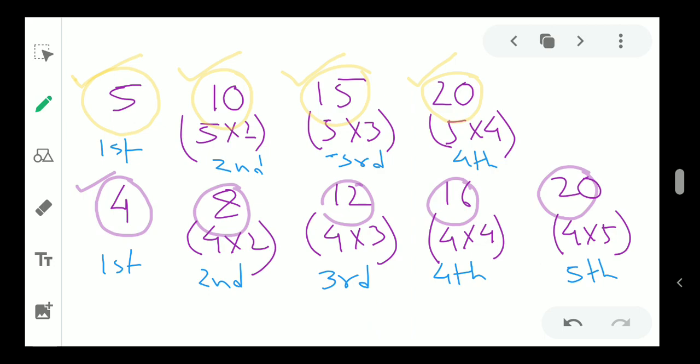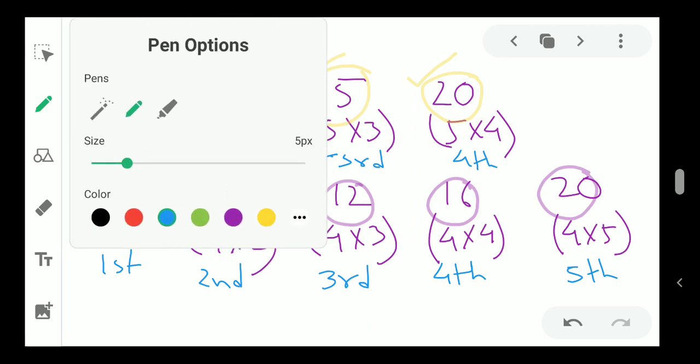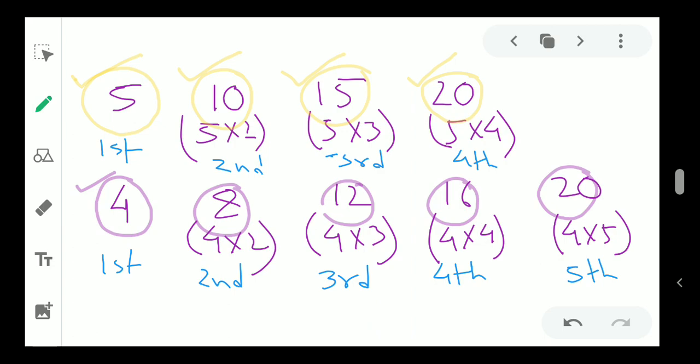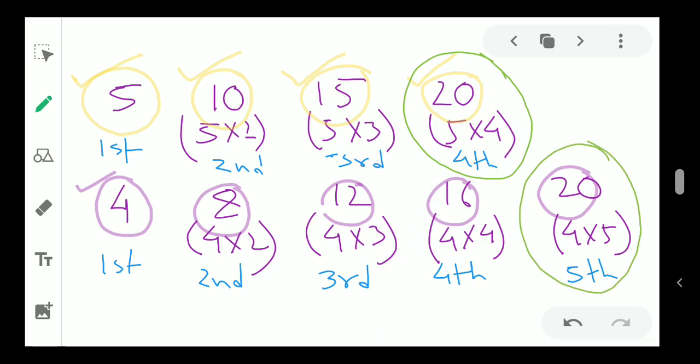Now if I ask you to find the common multiple, you can see that this number 20 is coming not only for 5 but also for 4. And coming from the first multiple, there is no other number which is matching. So this is the lowest, right?